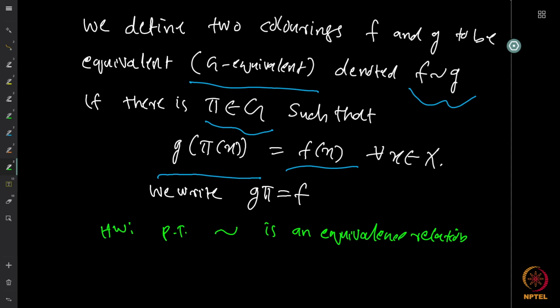So if we can find a permutation phi in G such that g of phi of x is equal to f of x for every x in X, right? So if I can do this, then we say that f and g are equivalent. So we can write, for example, g composed with pi is equal to f, right? The composition of g and pi is basically the coloring, right?